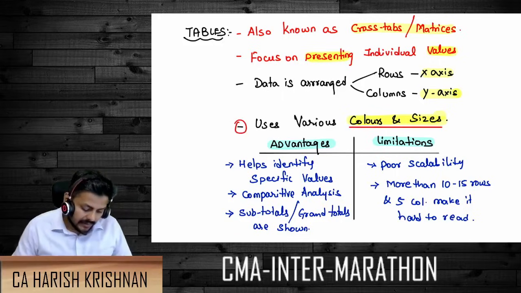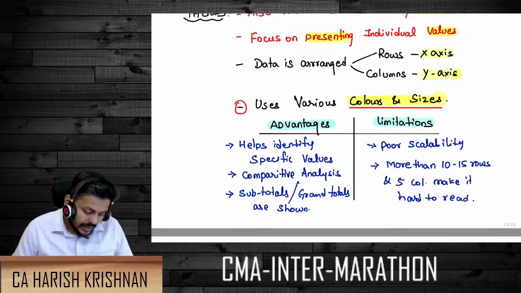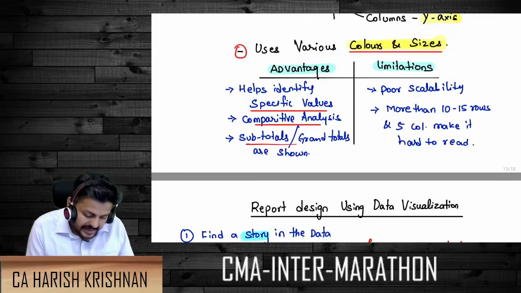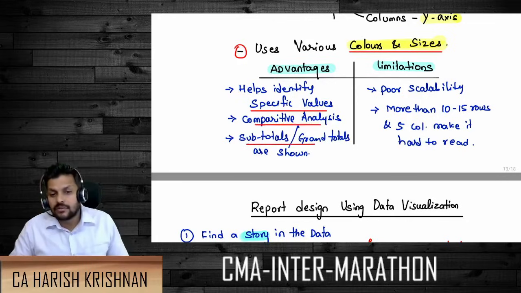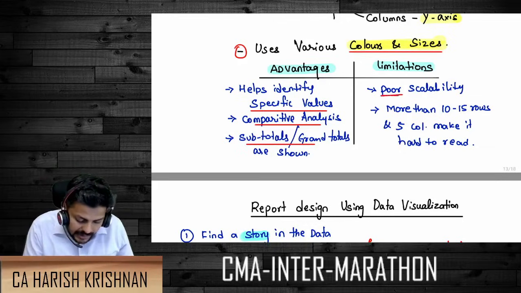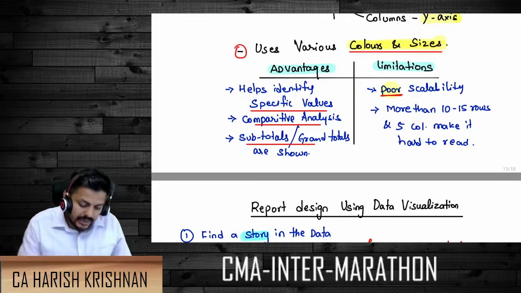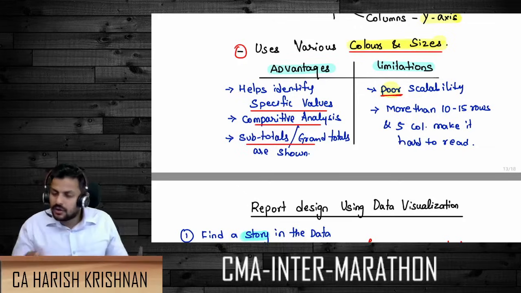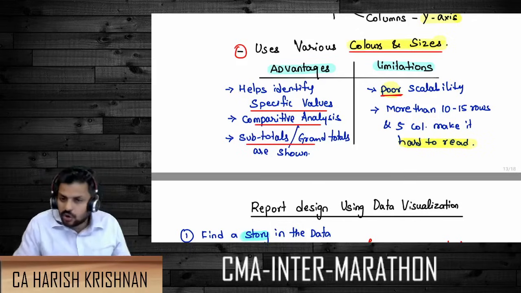If you see the advantages and limitations, it helps you identify specific values. Comparative analysis is possible in tables. Subtotals or grand totals are as usual shown in tables. But when you want to show something big or high, the problems are there: poor scalability, and when you have more than 10-15 rows or 5 columns, it becomes very hard to read.